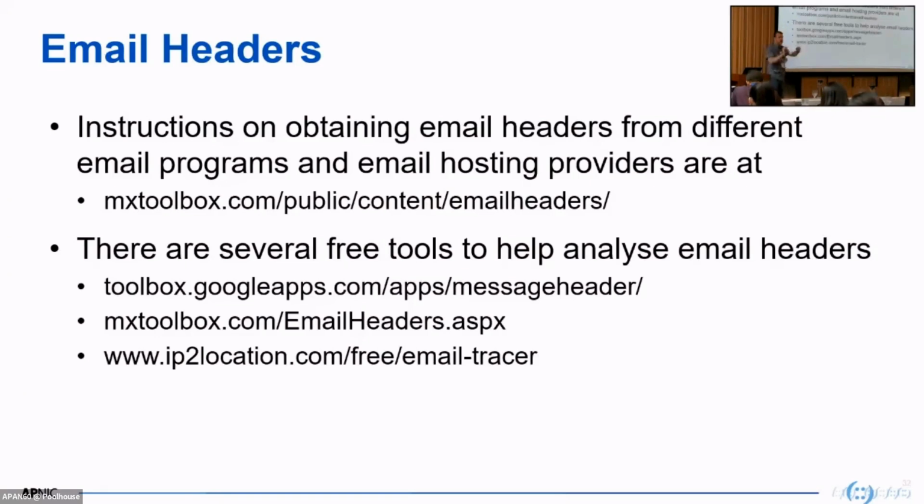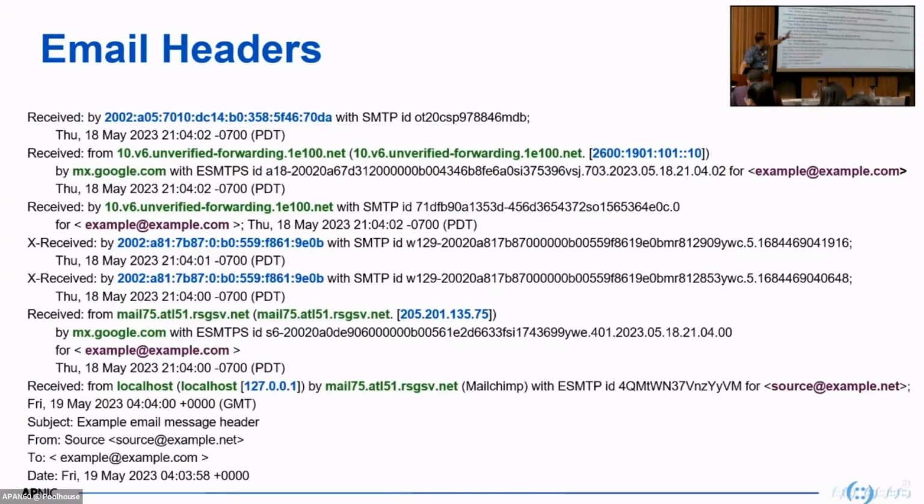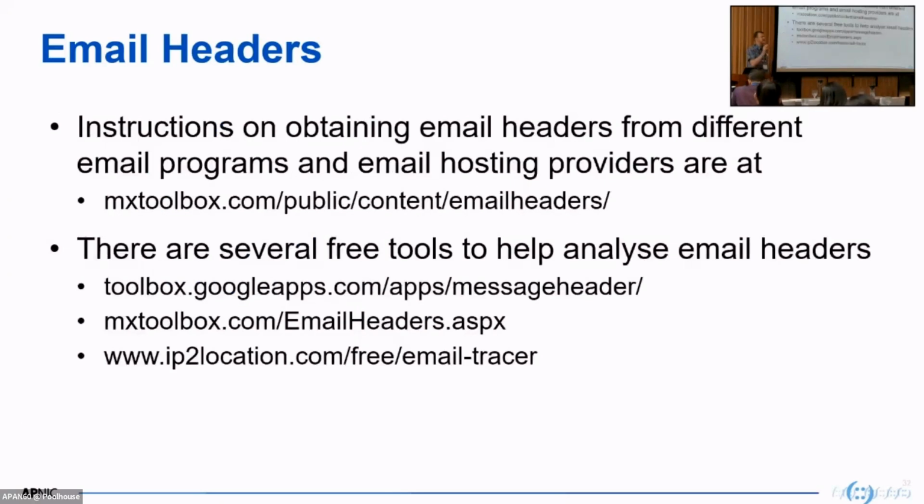You go here, put in what client for email that you're using, and it tells you exactly how to go through and find the email headers for a message. Some of them are easy, some of them are much harder, but email headers can be extracted from almost every email client out there.